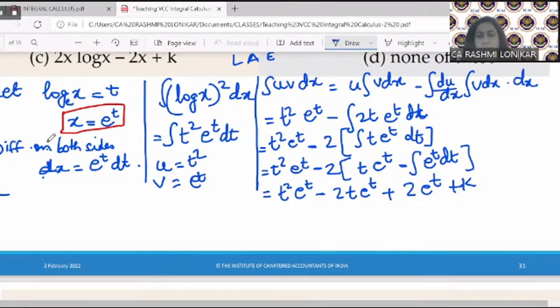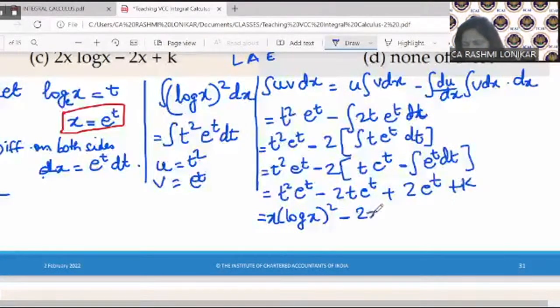I resubstitute. Instead of t, I write log x. So this is equal to (log x) whole square, and instead of e raised to t, I write x. So this is x (log x) whole square minus 2, and instead of t e raised to t, I write x log x, because x is e raised to t and log x is t.